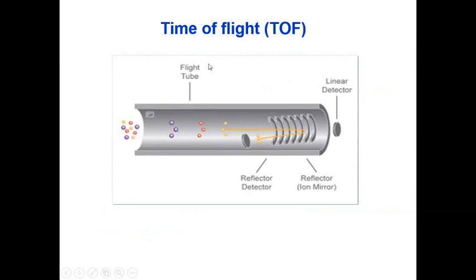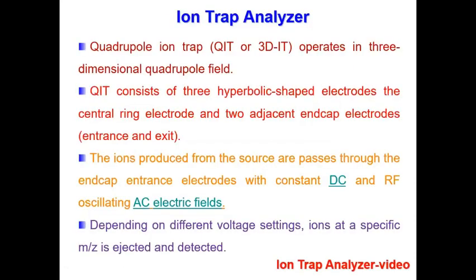When they enter the time of flight tube, they follow different paths. We can see the light yellow one moving fast in the flight tube. Here we can conclude that the low molecular mass ion travels fastest, followed by the medium one, then the larger. Based on that, the molecular mass of an unknown compound is determined in time of flight mass spectrometry.